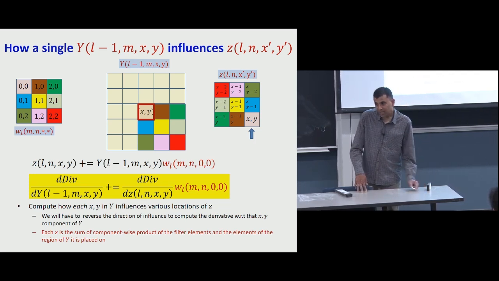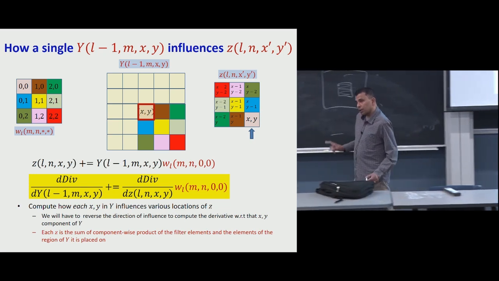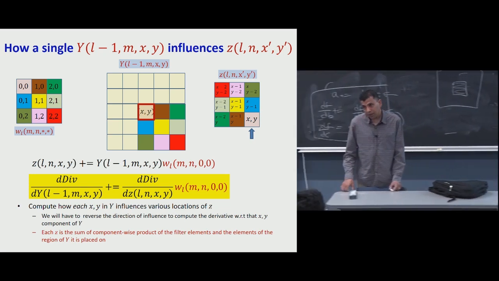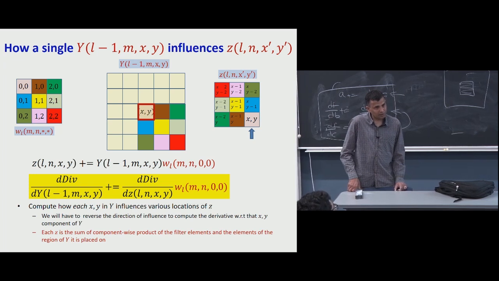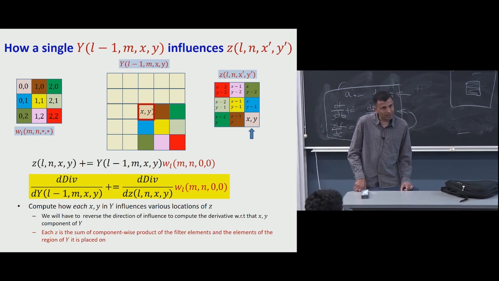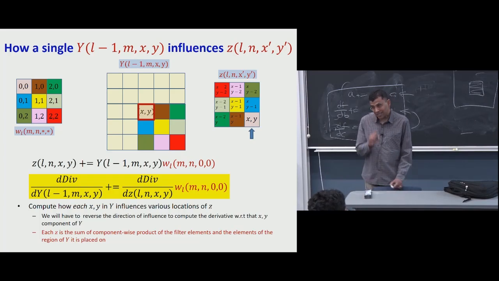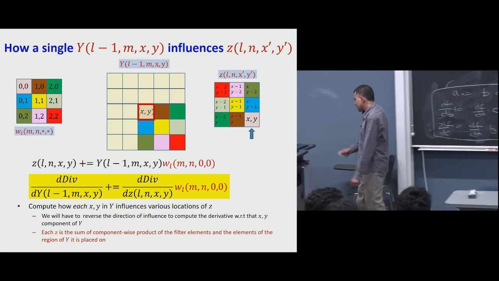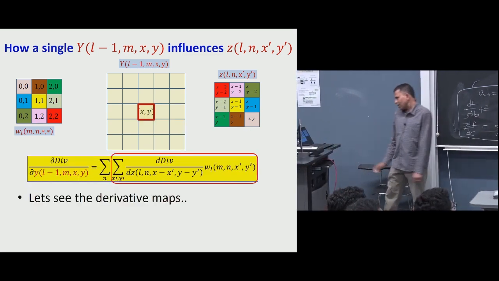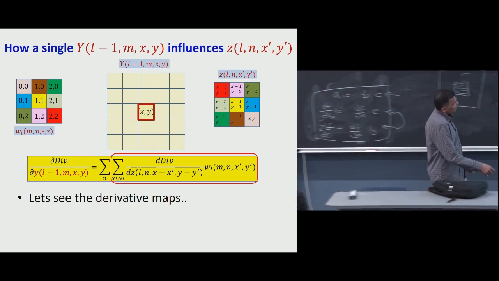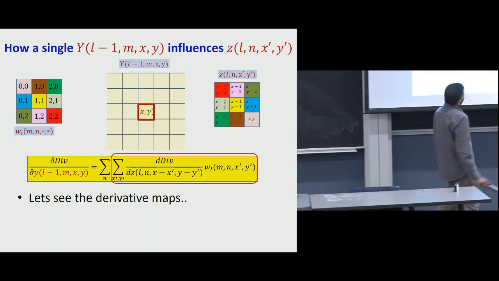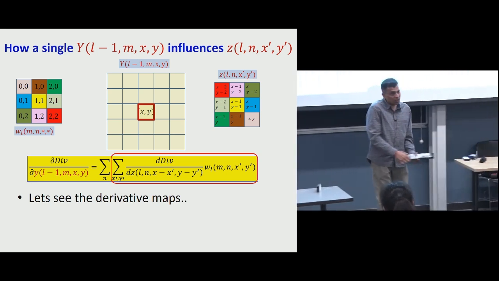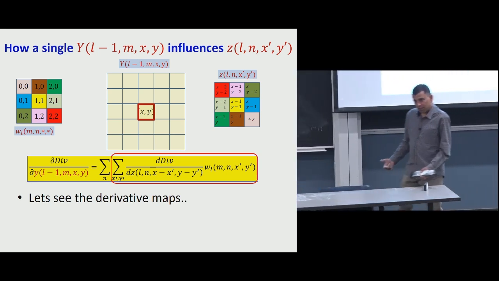Each xy contributes to a corresponding z position, but look at the pattern of weights. The pattern of weights is left to right, top to bottom, inverted with respect to the original weights. So what this means is that when I am computing the derivative of the divergence with respect to xy, I'd be going over all of the planes, of course, but now I have to compute the contribution of every z position.